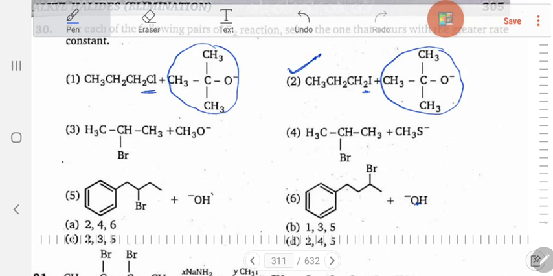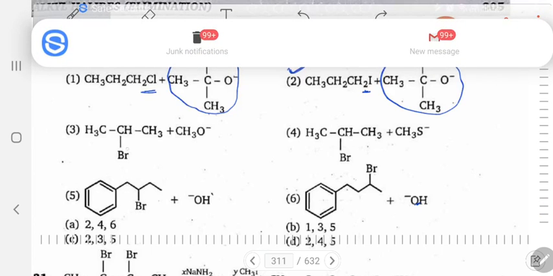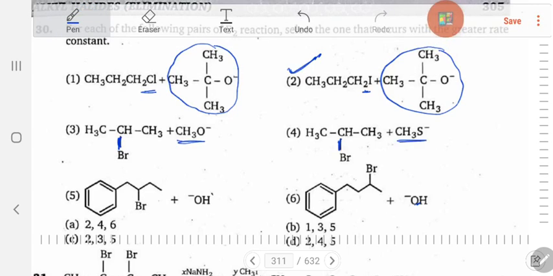Next, here in both cases the leaving group is the same, bromine, but now we need to compare the basic nature of the bases provided. Among CH3O minus and CH3S minus, which is a strong base? CH3O minus, because CH3SH is a strong acid.